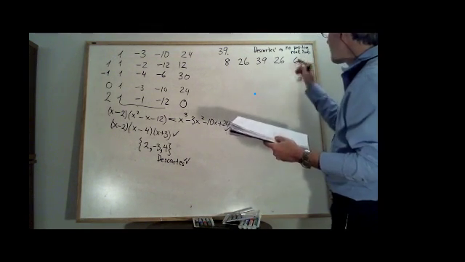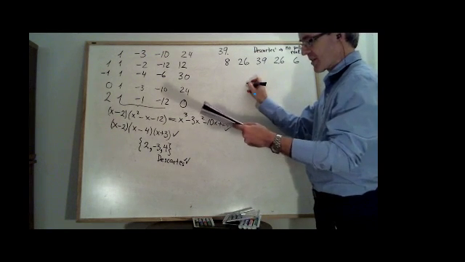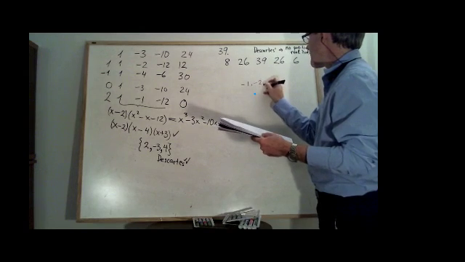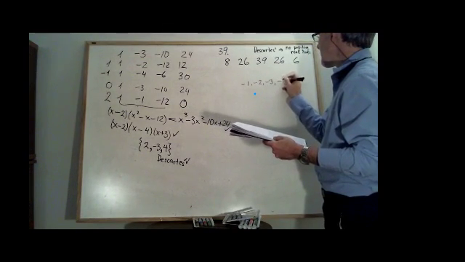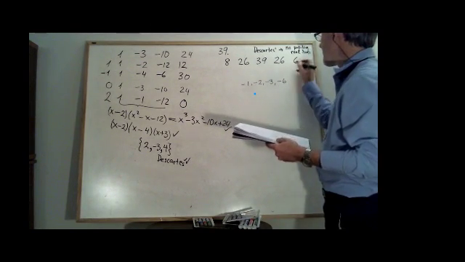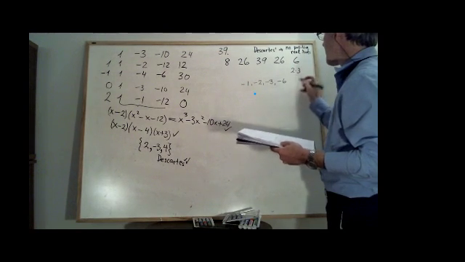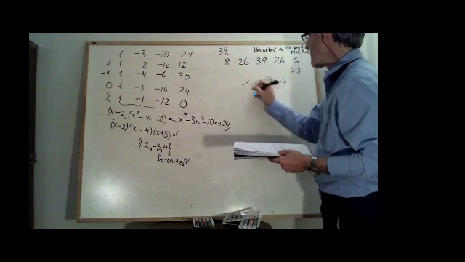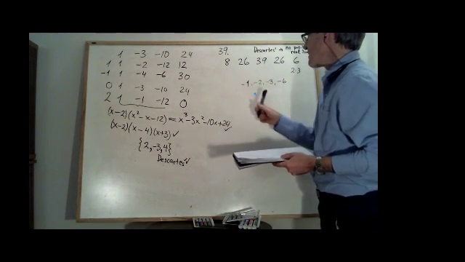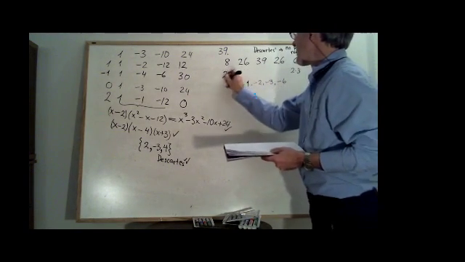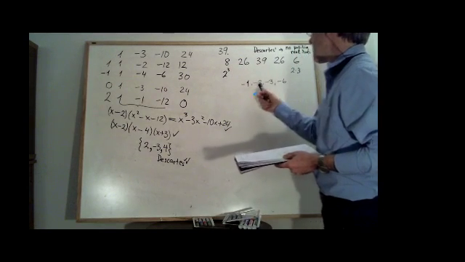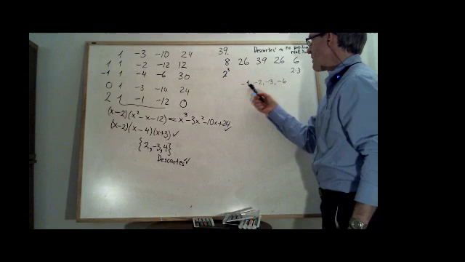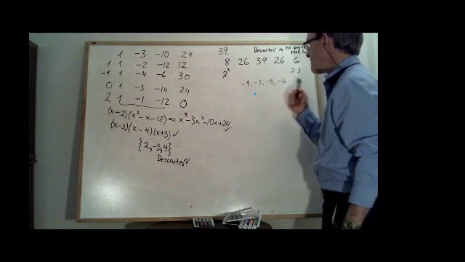So the final coefficient is 6. So the possible factors are then minus 1, minus 2, minus 3, minus 6. We have 6 is 2 times 3, so that means it's 2 times 2 is 4 factors. There we have them. And then we can divide the odds by 2.